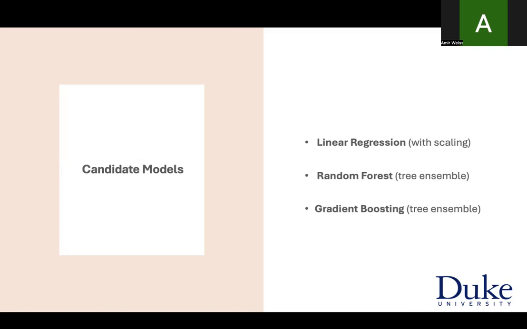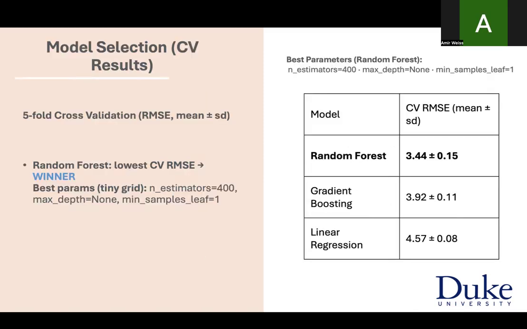Okay, so I compared here between 2 families. The first one is linear regression, which is fast and interpretable. And the second family is tree ensembles, random forest and gradient boosting, that can capture nonlinearities and interactions without manual feature engineering.